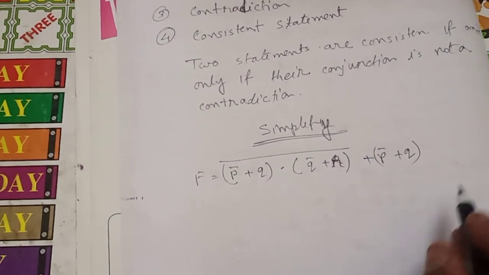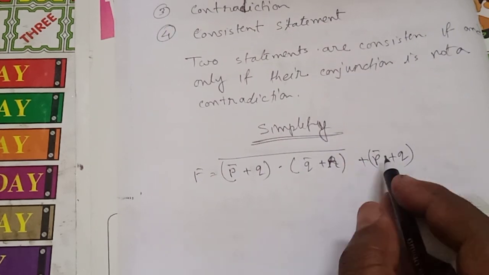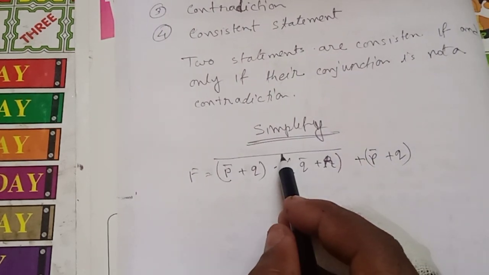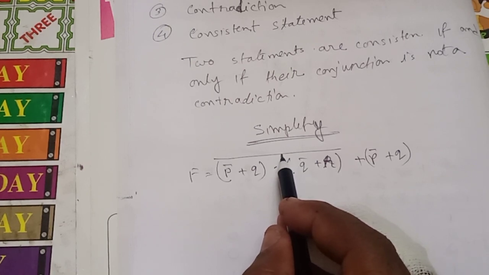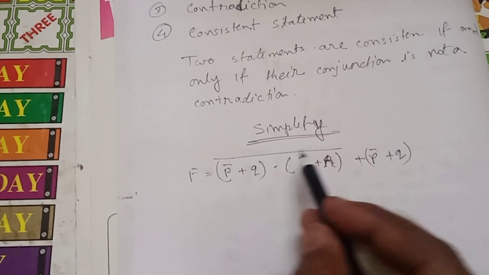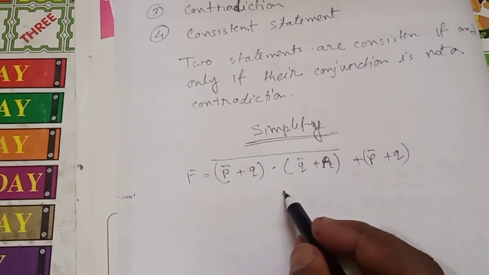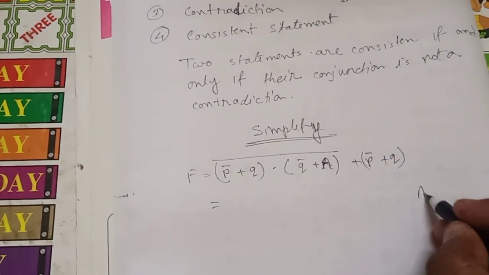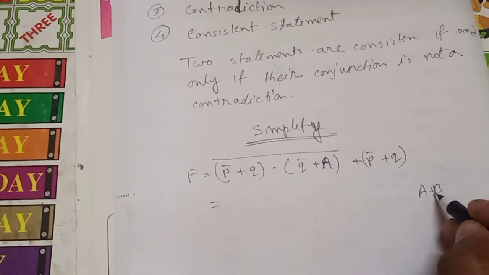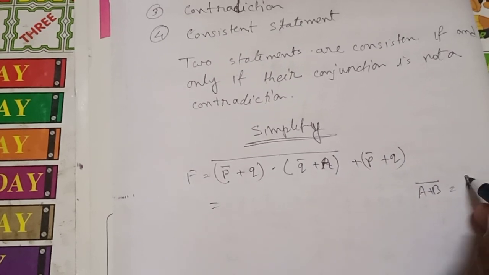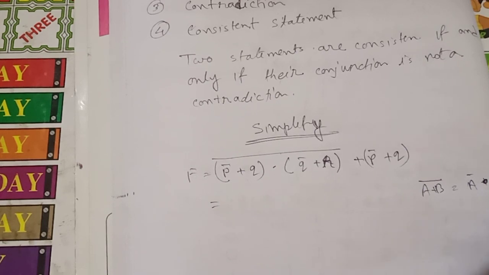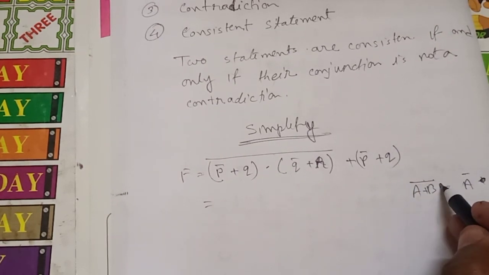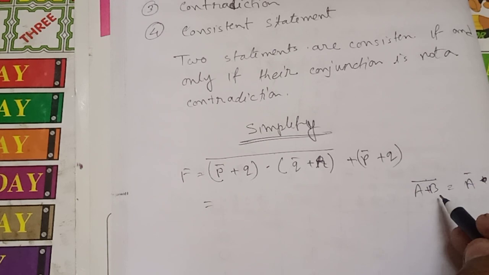If I tell you to solve this expression, how do we solve it? First we break this bar with the help of De Morgan's law. In the last video I told you, so remember the De Morgan laws, different laws are present, so read them. De Morgan's law means (a plus b) whole bar is a bar dot b bar, the bar splits into 2 sides and the plus becomes dot and the dot becomes plus.